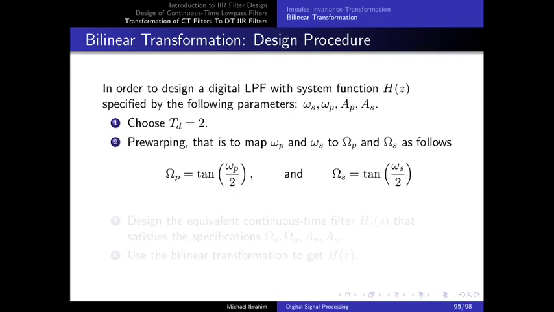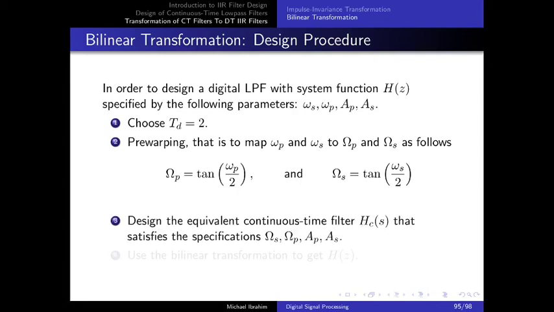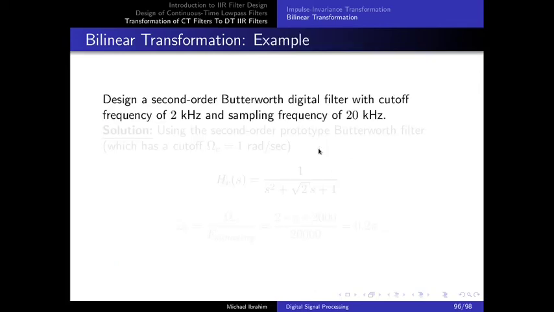This is the pre-warping step. Then we need to design a continuous time filter with omega s, omega p, AP, and AS. And now we can apply the bilinear transformation, which will shift the location of frequencies capital omega p and capital omega s into lowercase omega p and omega s, which we already want.